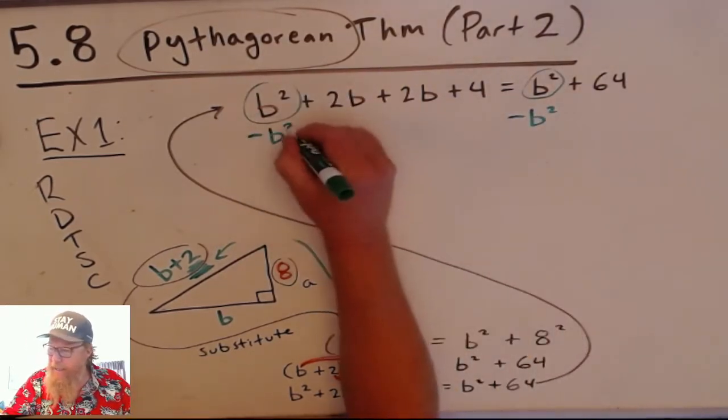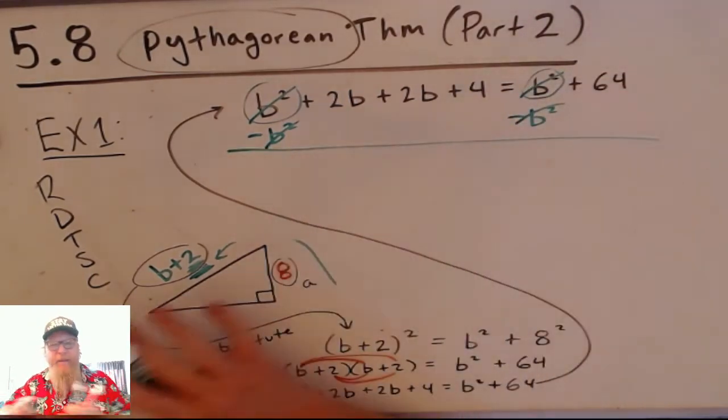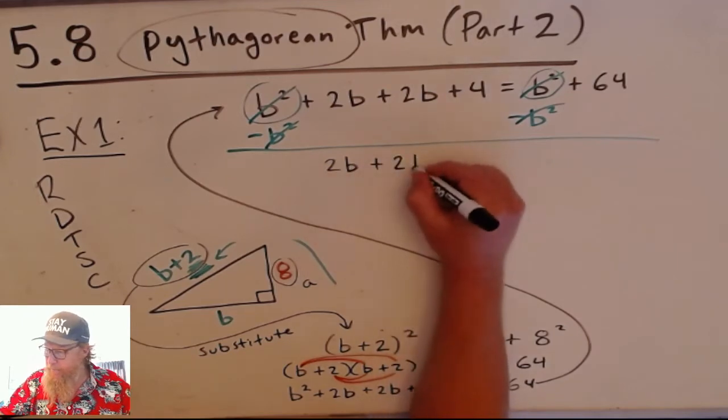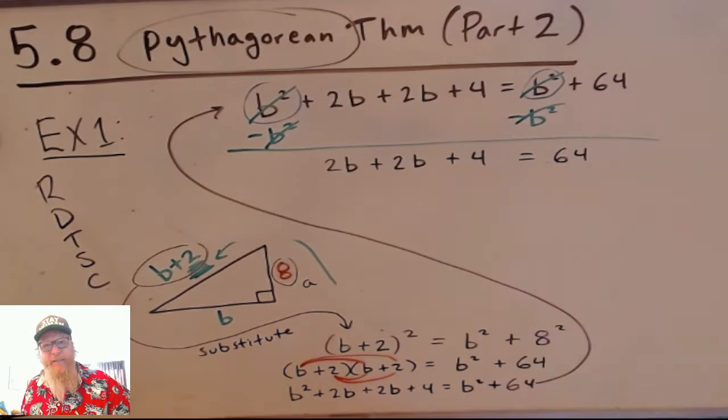These will always cancel out. So if you still have a b squared in this type of problem, then you've made some sort of error, and it's an indicator to fix that. So you get 2b plus 4 equals 64.